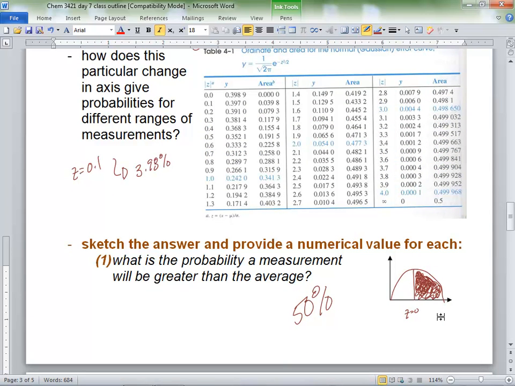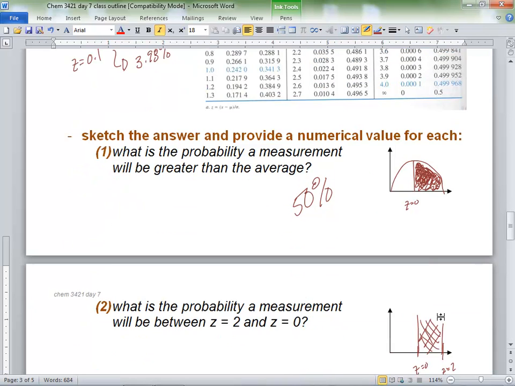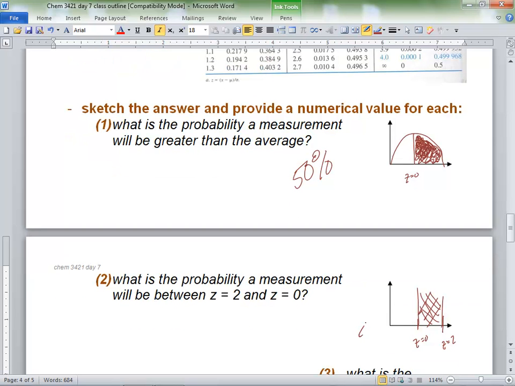Now, you're trying to find the area between z equals 0 and z equals 2. How can you get that number? You're supposed to use the chart.